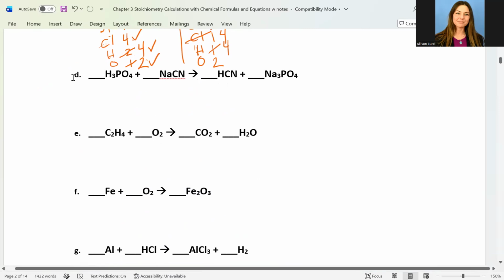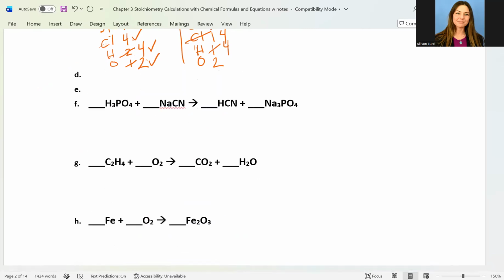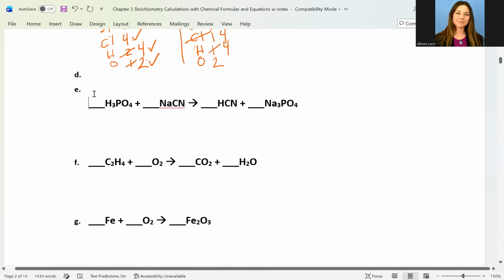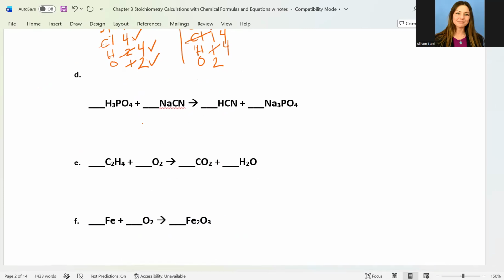We can do this with our last three examples here. So we have D, E, and F shown here. Try to make a little bit more space. With example D, I would do the same thing as previous, draw a dividing line here. I have H. I'm going to leave my polyatomic ions together, so I have PO4 and CN.